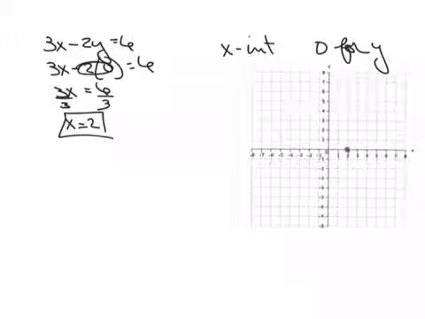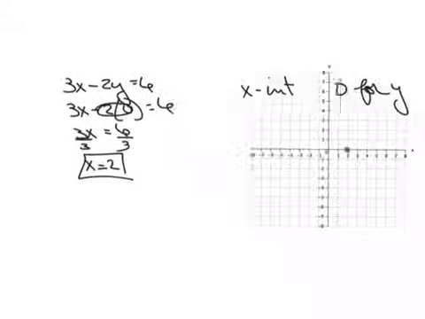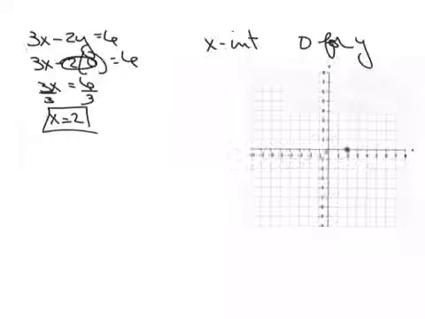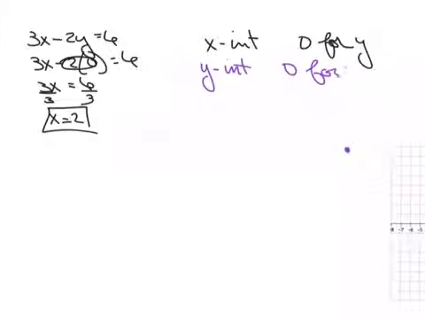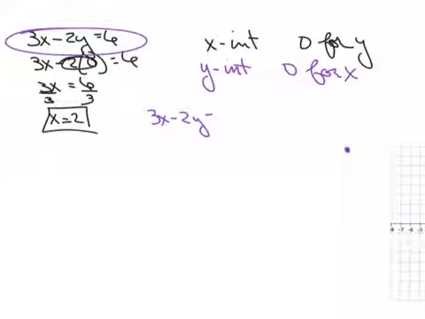Okay, if we're interested in finding out what our y-intercept is, where it crosses the y-axis, we put 0 in for x. So we're going to take our same equation there, but this time we're going to put a 0 in for x.